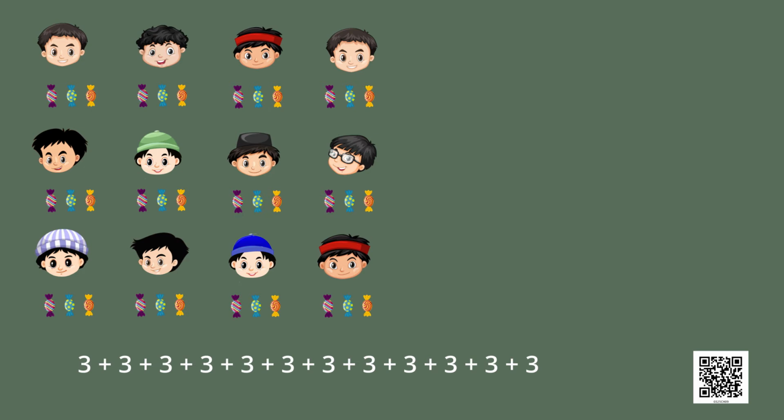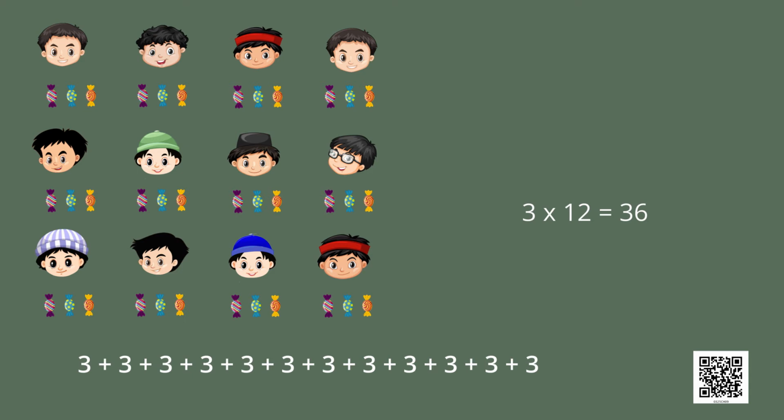But it's a very tedious job. So, is there a simple solution to this problem? Yes, we can find it as 12 times 3 also. Children, 3 multiplied by 12 is equal to 36.